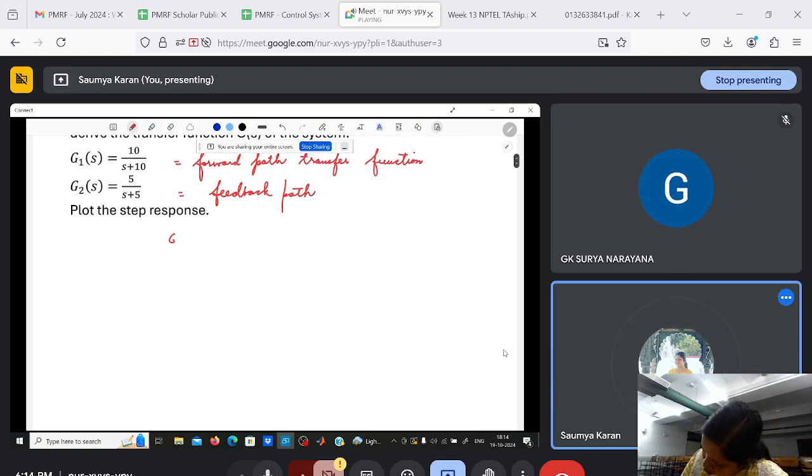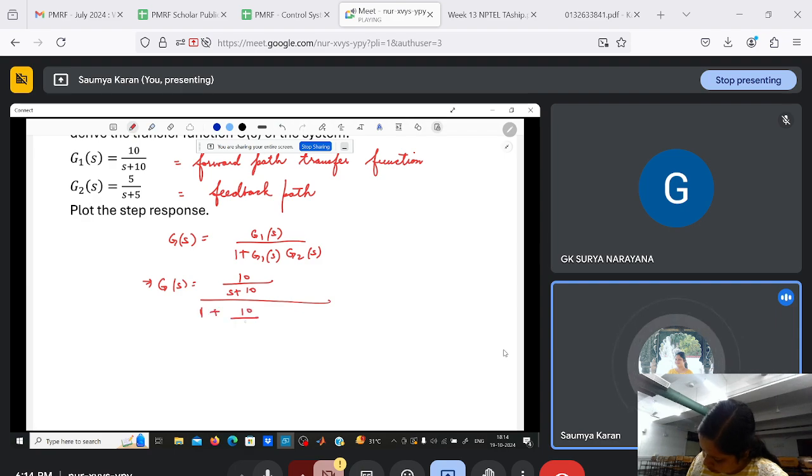Now, your closed loop transfer function is given as G1(s) upon 1 plus G1(s) G2(s). You can substitute here and you'll get G(s) to be equal to 10 upon s plus 10 upon 1 plus 10 upon s plus 10 into 5 upon s plus 5.